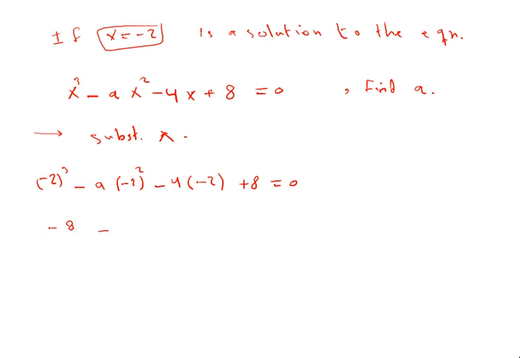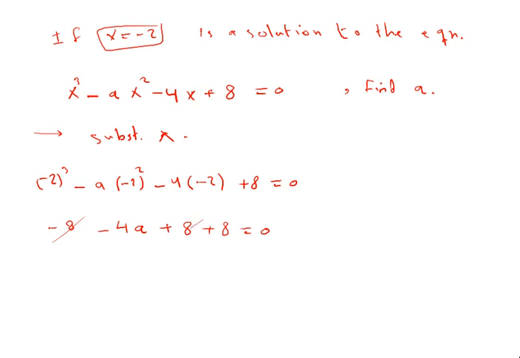Minus 2 squared is 4, so 4 multiplied by a, minus 4a, and minus 4 times minus 2 is plus 8.